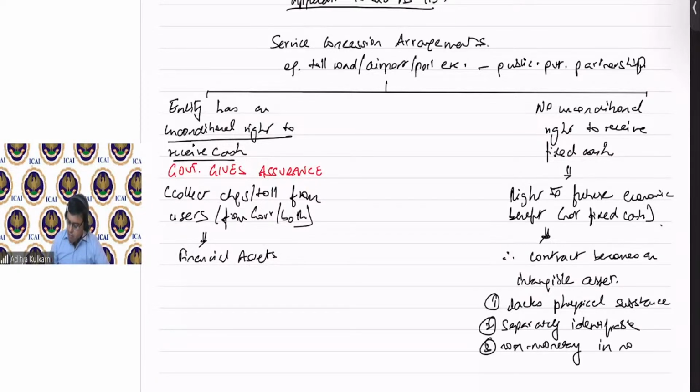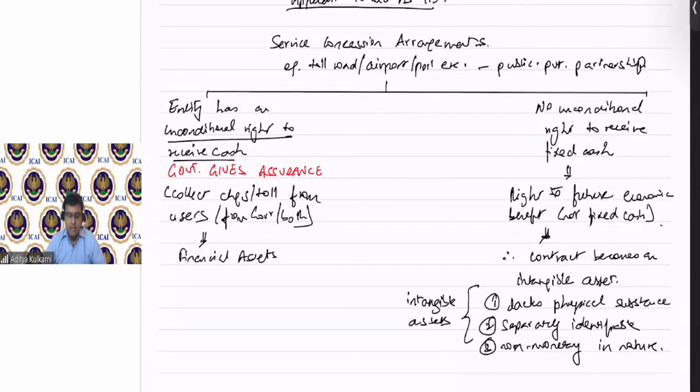Why do we say non-monetary? Monetary items means determinable amounts of cash. Non-monetary is not determinable amounts of cash, and therefore all these three conditions are fulfilling the definition of intangible assets. Are we clear with this?